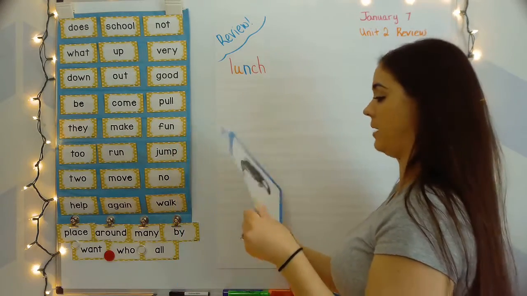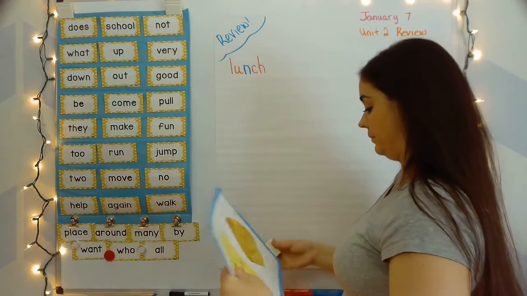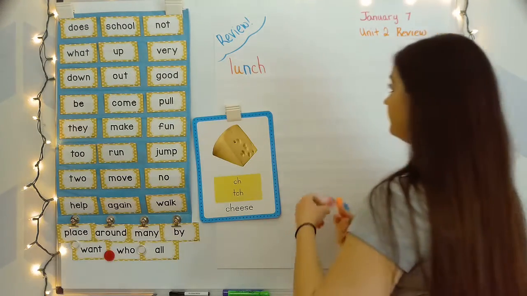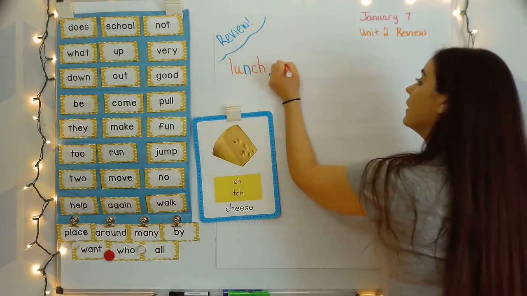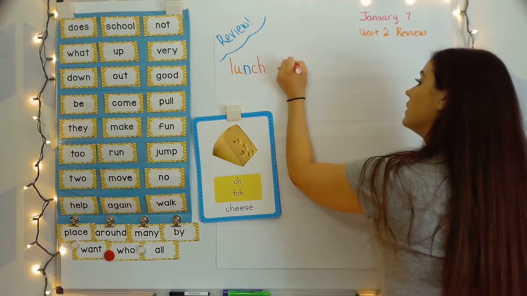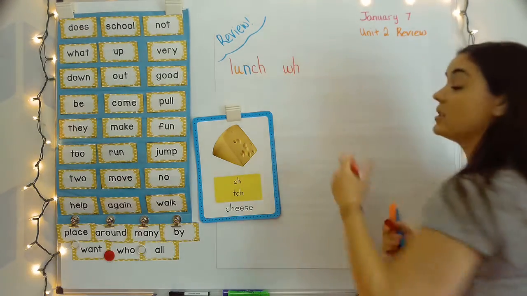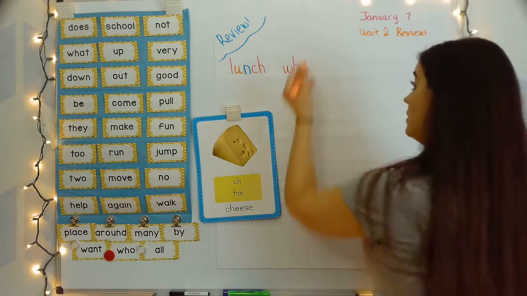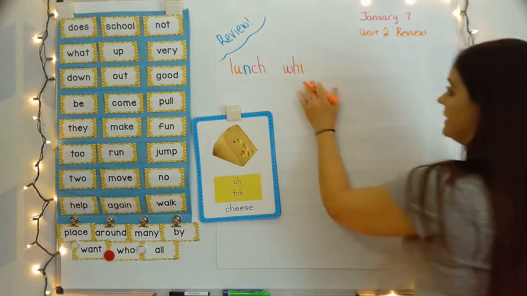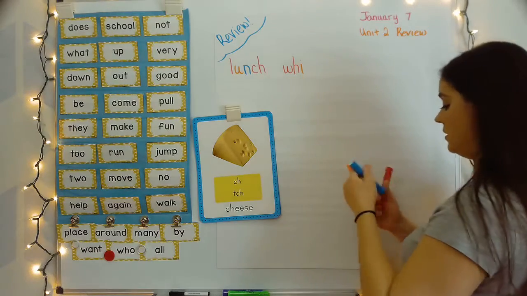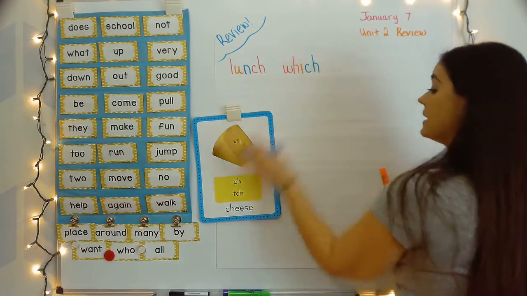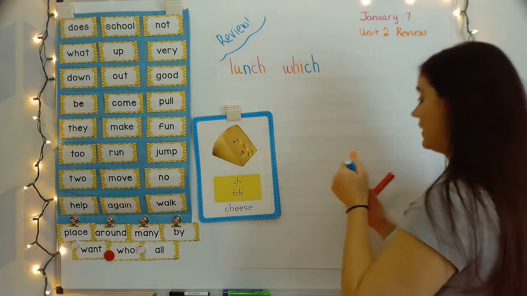So that's WH. So WH says wa. I says i, and CH, cha. Let's blend.